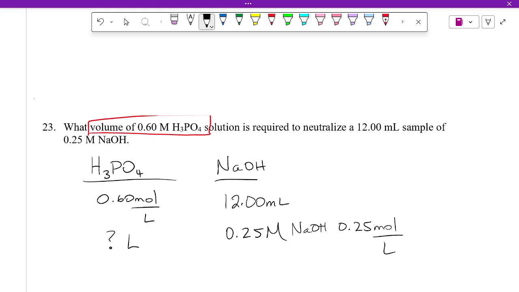Remember, M1V1 is only for what kind of situation? Is it for titrations? It's for dilutions, okay? No M1V1. Titrations, which is what this is, neutralizations are essentially titrations.